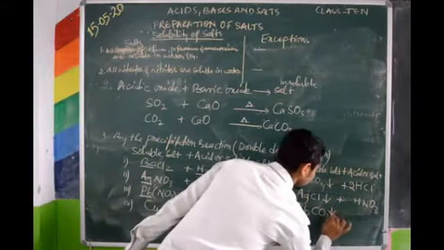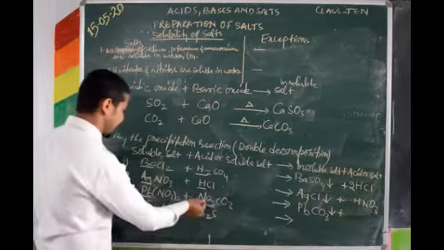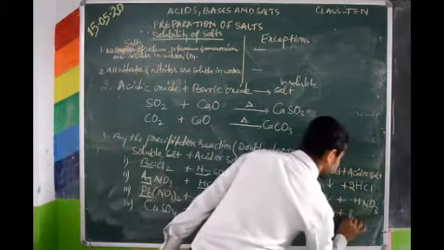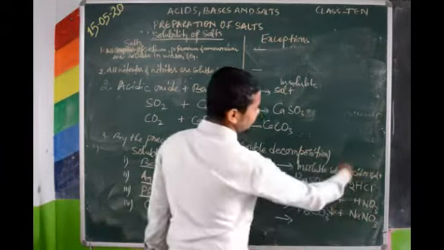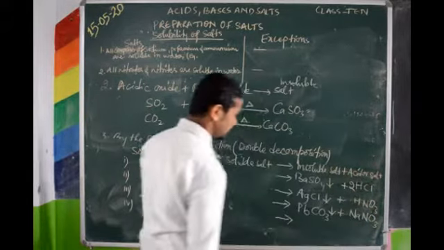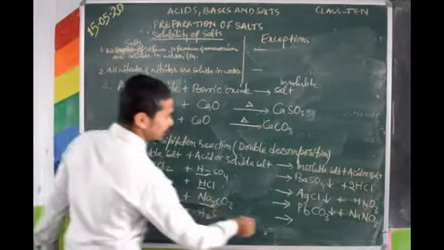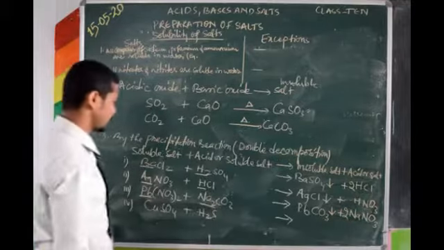Lead carbonate is also insoluble. And what is there? Na and NO3, so we get NaNO3, which is a soluble salt. So we are getting a salt here. Now Na2, so 2. Okay.